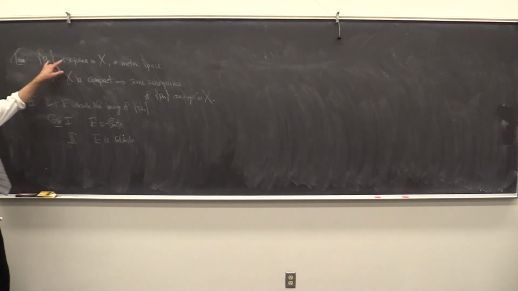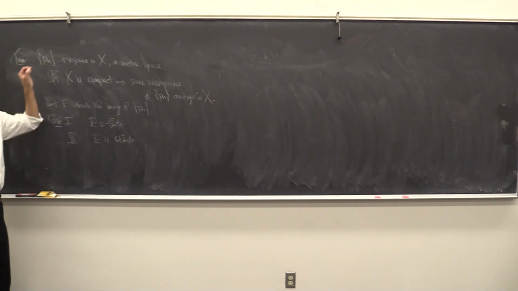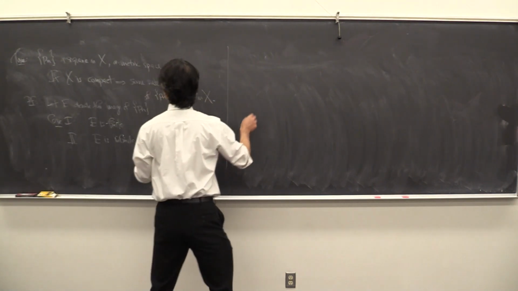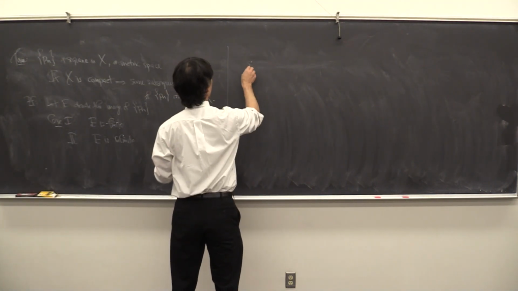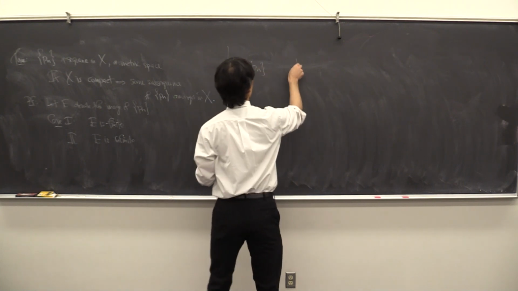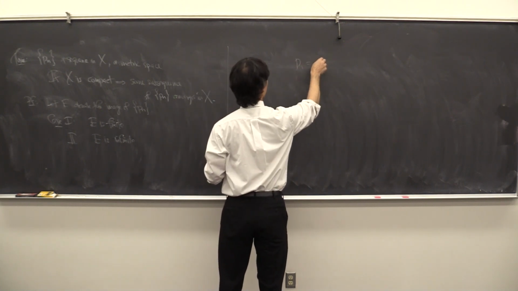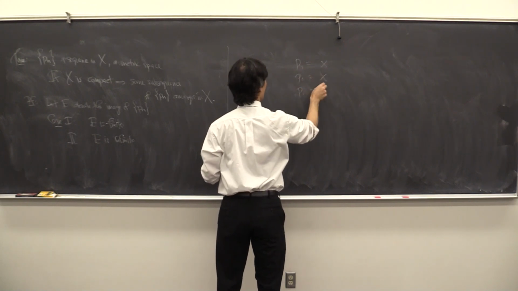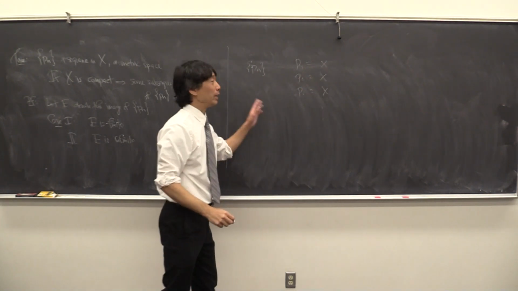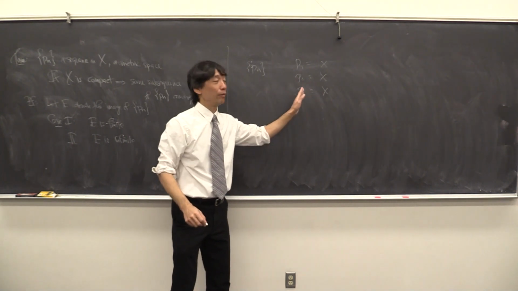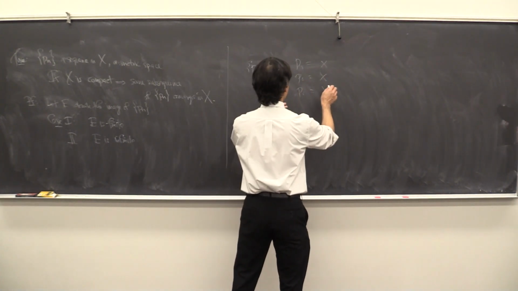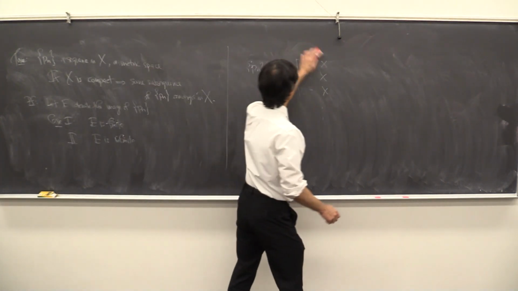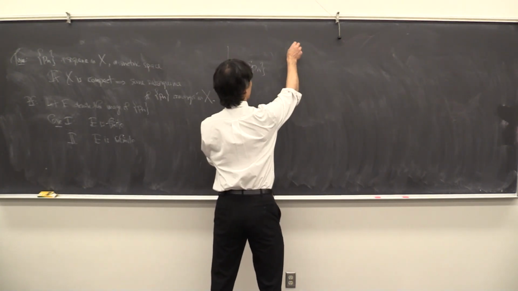So if your sequence is all the same point, suppose P1 is some point, and P2 is that same point, and P3 is that same point, and so on. Then the image is finite. Or maybe there's just a couple of different points.